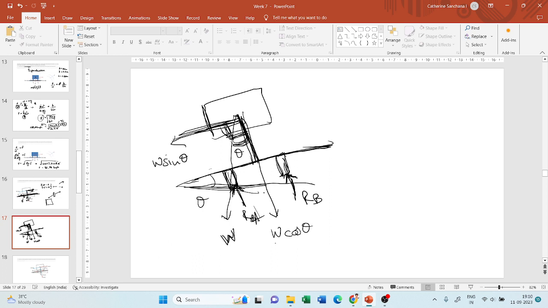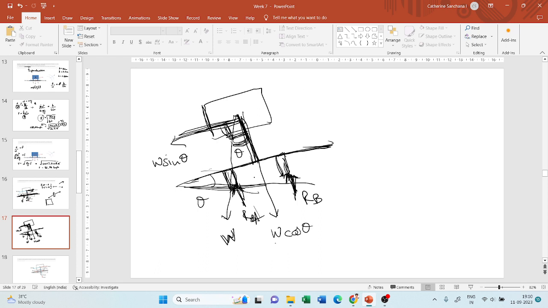So RA and RB will not be perpendicular to the horizontal, but perpendicular to the surface. This is the surface and it will be perpendicular to it.